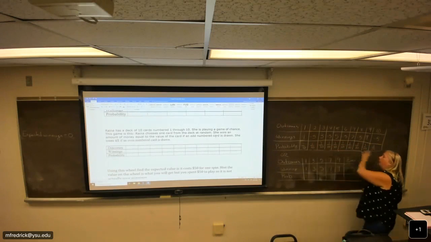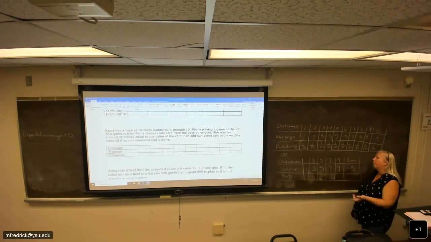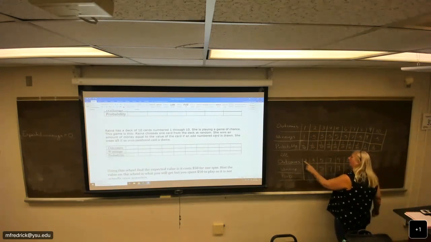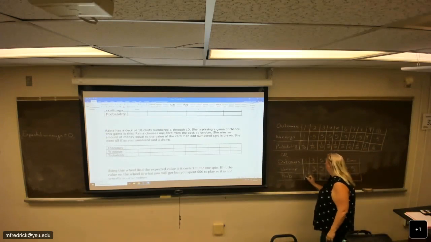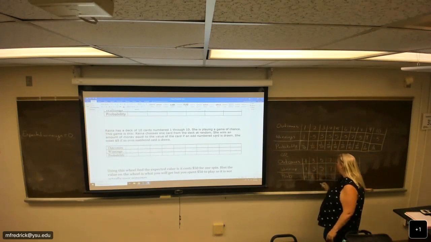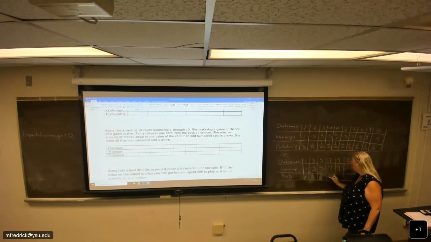So if we add all those probabilities, we get 10/10 or 1. You can always double check that way. Out of 10 cards, to get a 1, this is 1/10. To get a 3 is 1/10. There's only 1 3. There's only 1 5, 1 7, and 1 9.